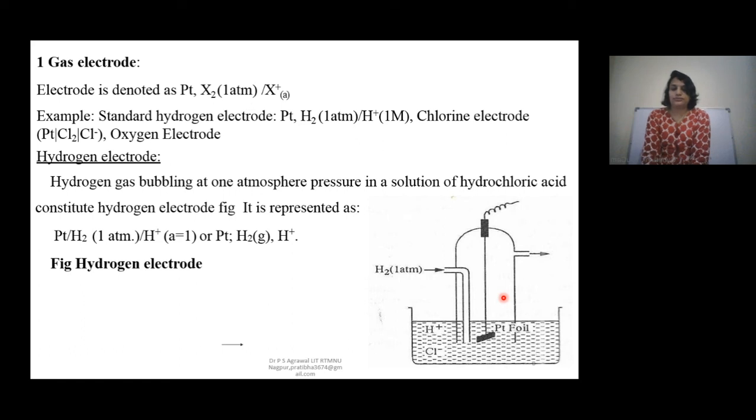In a gas electrode, hydrogen gas is continuously bubbled through a solution of HCl, whose concentration is 1 molar.